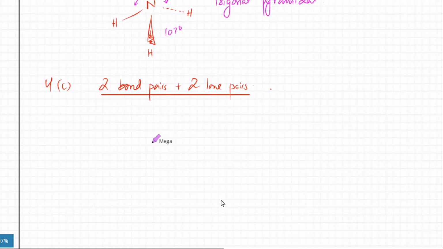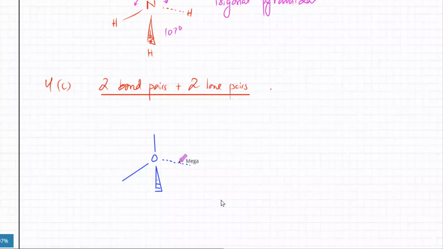So the main shape is exactly the same. So it's an oxygen, and I can start off with the tetrahedral shape. So it's the same exact tetrahedral shape. That's the starting point.